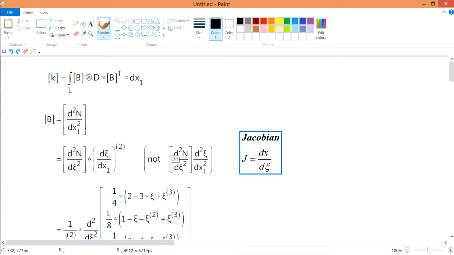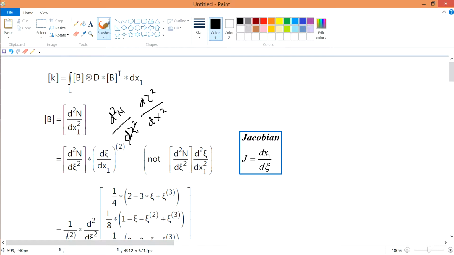Also be very careful, and this is a good reminder, that you have to put your d²N on this side as a matrix, because this is a matrix that is going to multiply a certain vector, in terms of the square of the vector. I know why: this is dξ², this is dx², while in d²N the 2 is inside and the ξ is outside.